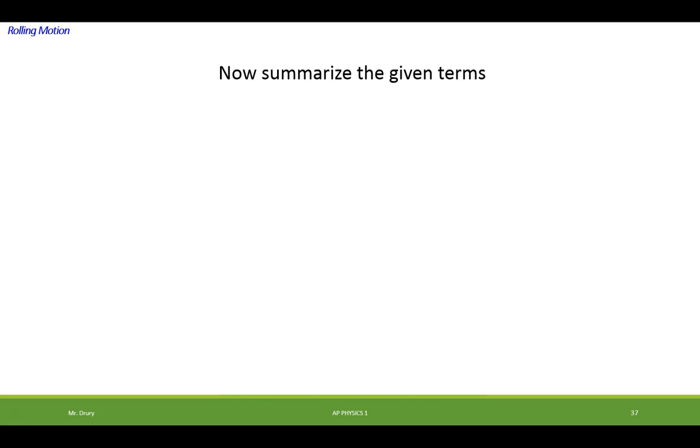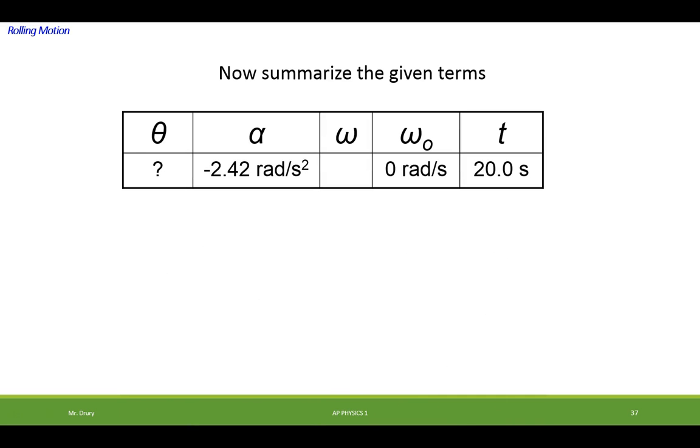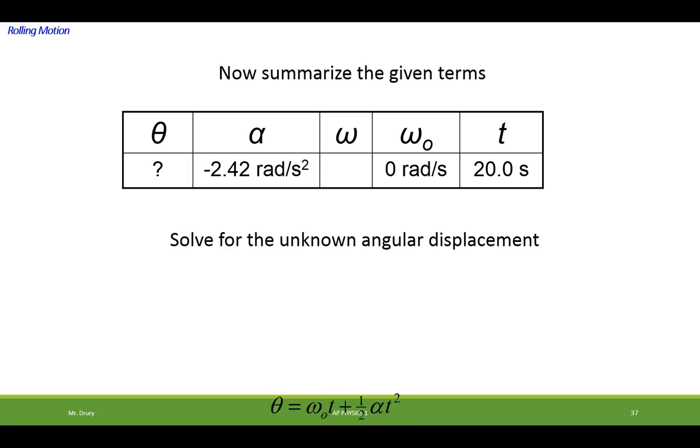Now, let's summarize the terms that were given to us. We are looking for how many radians it goes through. What's the angular displacement? We know the angular acceleration. We don't know the final velocity. We know the initial angular speed was 0, and we knew it took 20 seconds. So we need to solve for the unknown angular displacement.